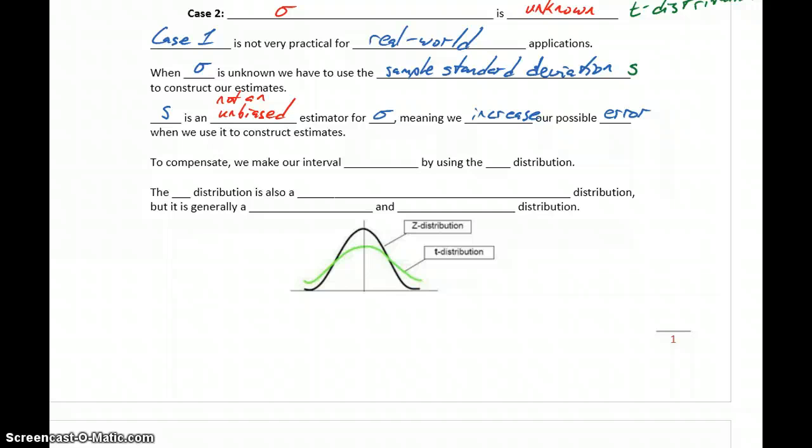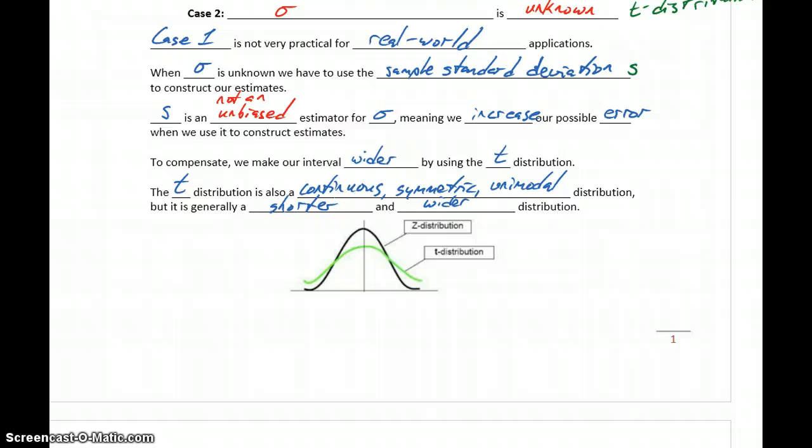Since s is not an unbiased estimator, it's a biased estimator, we need to make our final confidence interval wider using the t-distribution. So the t-distribution is another continuous, symmetric and unimodal distribution, but it's generally shorter and wider than the normal distribution.